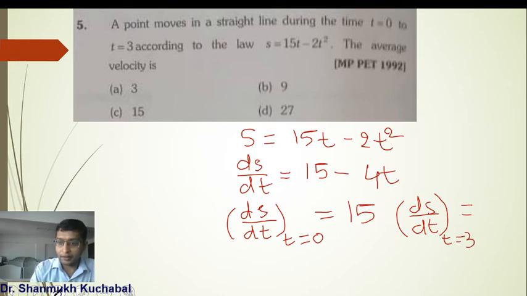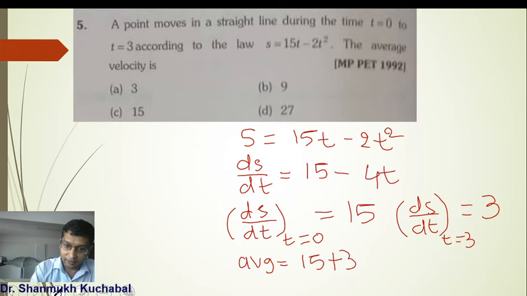So t is 3, 3 into 4 is 12, 15 minus 12 is 3, we are going to get it. So average velocity we have to calculate. Average velocity is 15 plus 3 divided by 2. So we get the solution as 9. Therefore option B is the right answer.